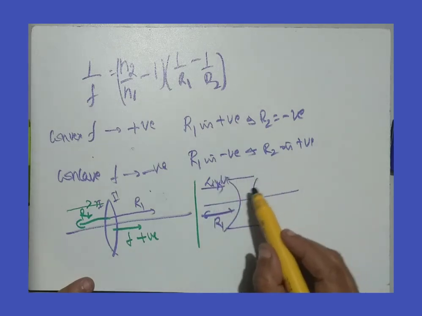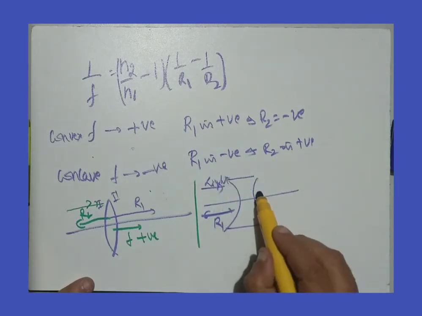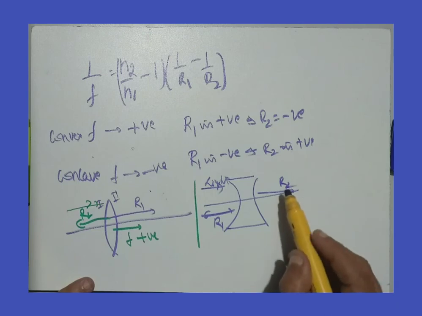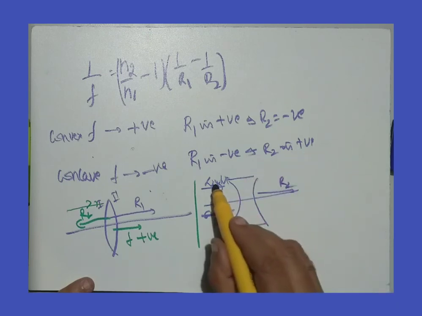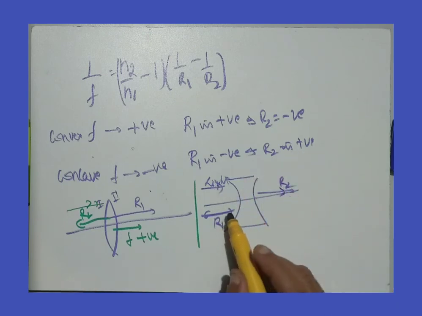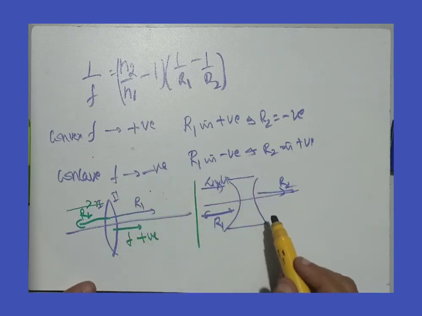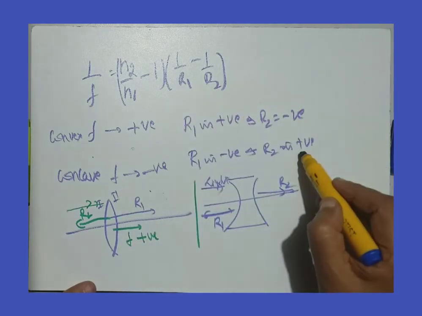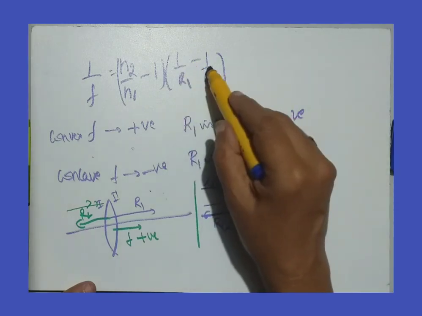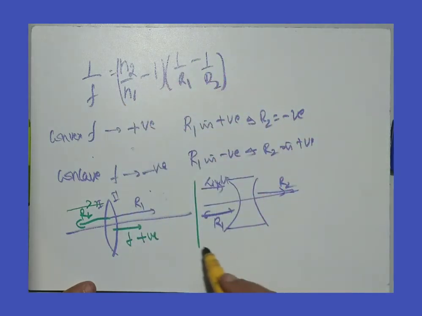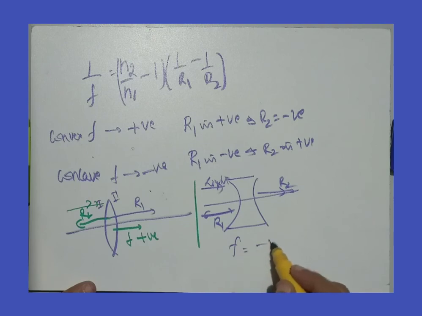Therefore, R1 is negative, and R2 measured this way is positive because it is in the direction of the incident beam. Because R1 is negative and R2 is positive, the overall sign becomes negative. Therefore, the focal length is negative.